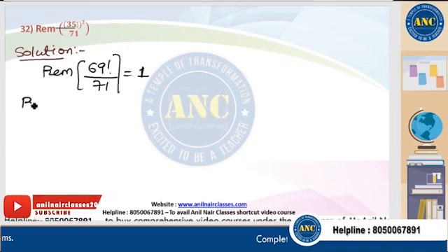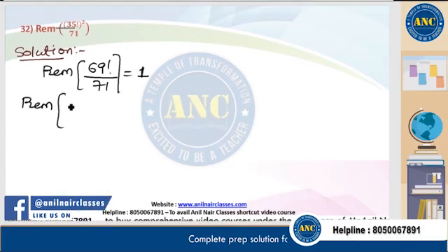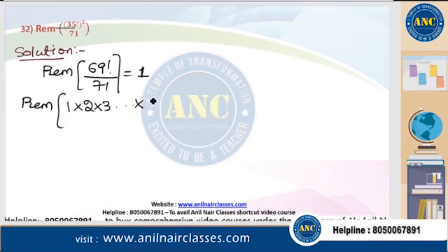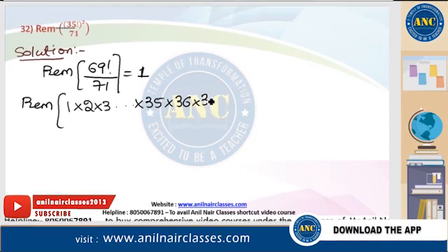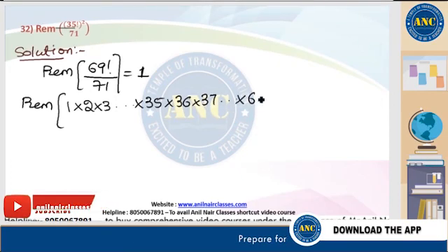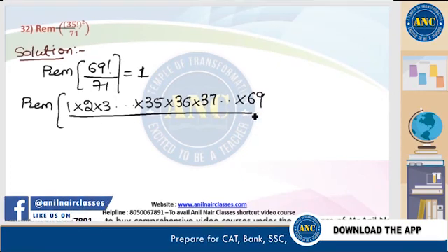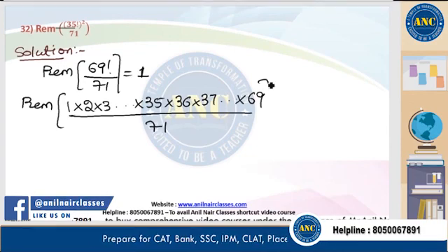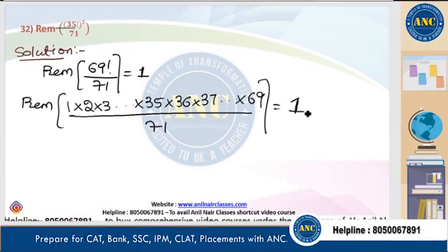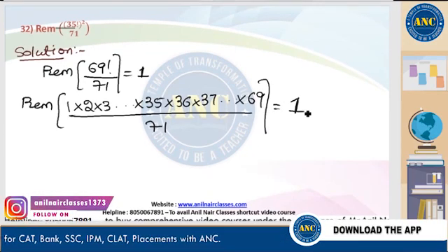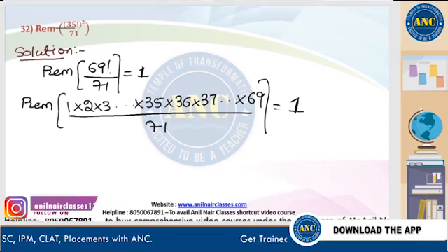It is nothing but 69 factorial is 1 into 2 into 3 till 35, then 36, 37 till 69, divided by 71. Remainder is 1.